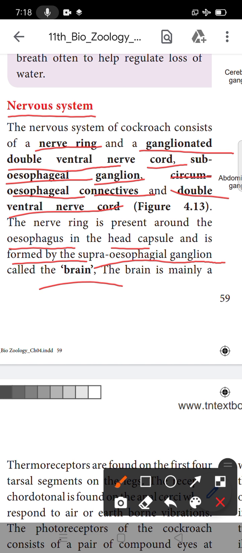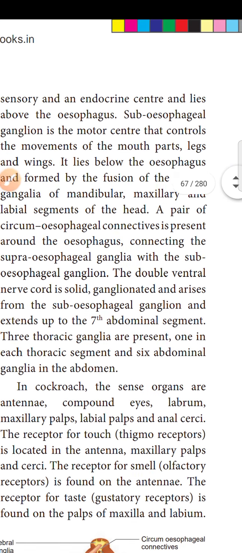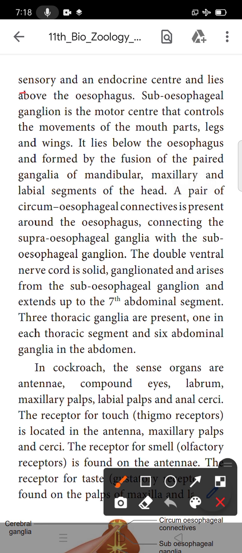The brain is mainly a sensory and endocrine center. Sensory, you already know, is the way of feeling, and endocrine means secreting chemicals. The brain lies above the esophagus, and the esophagus is the food pipe.